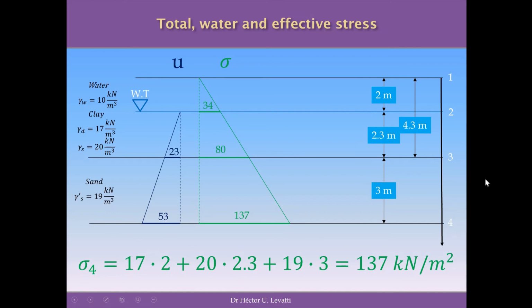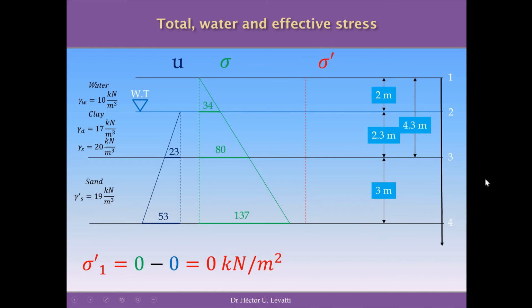We have defined the effective stress as the difference of total stress and the water pressure. So now, in order to get the diagram for the effective stress, we just need to take the difference between the total stress and the water pressure.